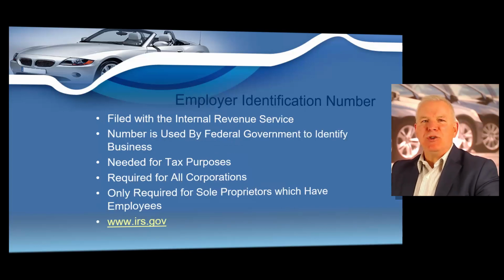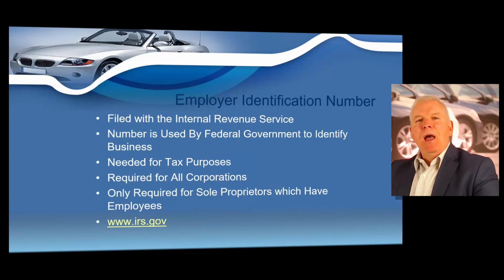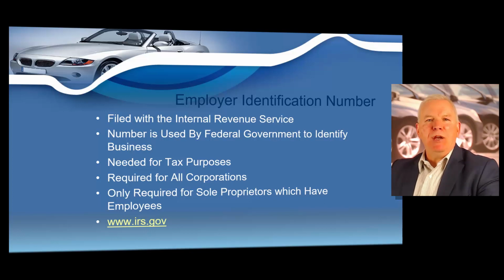Employer Identification Number, or EIN. Before submitting your dealer application, you must obtain an Employer Identification Number, which is also known sometimes as a tax ID or EIN. The number is used to identify the new business you are starting and will be needed for tax purposes. Obtaining this number is a very quick and easy step that will only take a few minutes, and you can easily apply at the IRS website.